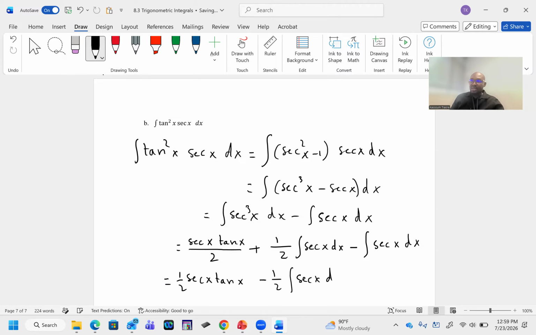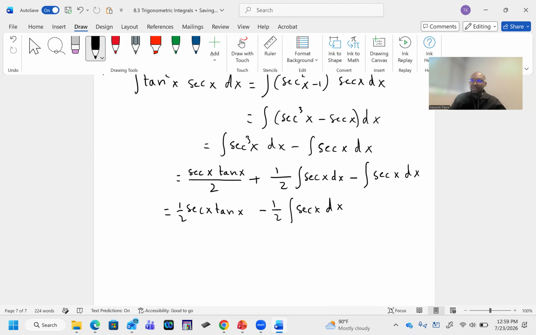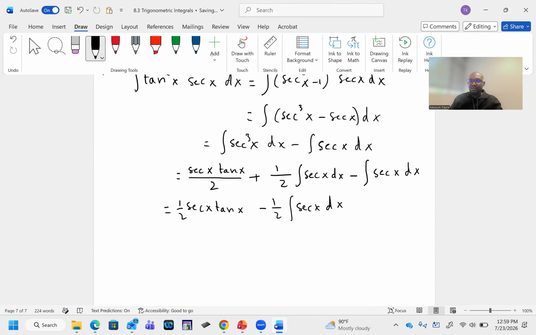We know the integral of secant x dx, which we did long ago at the beginning of the integrals of trigonometric functions. So we have minus 1 half ln of the absolute value of secant x plus tangent x, then plus my c. And that's it.